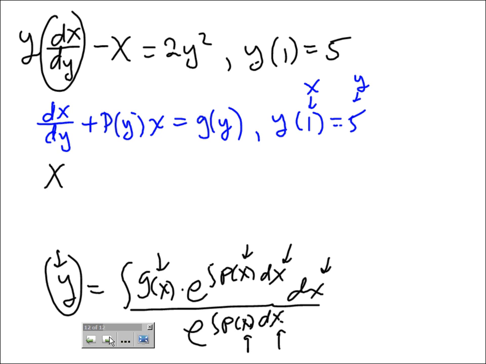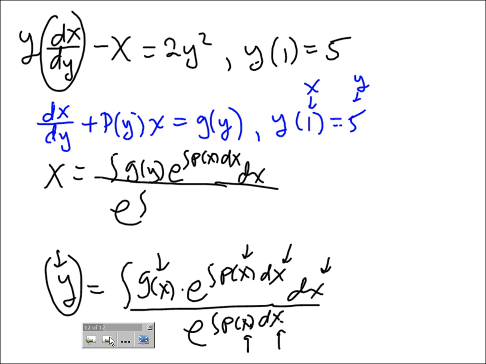So instead of y, I write x is equal to the integral of g of y times e to the integral of p of y dy, all over e to the integral of p of y dy. It's just alphabet soup. Okay.